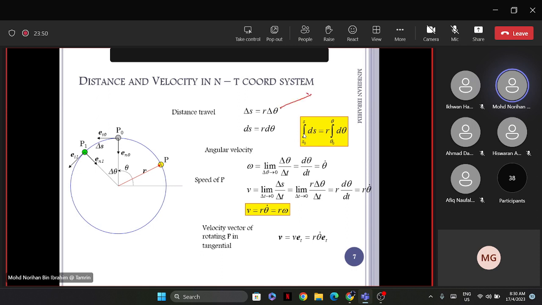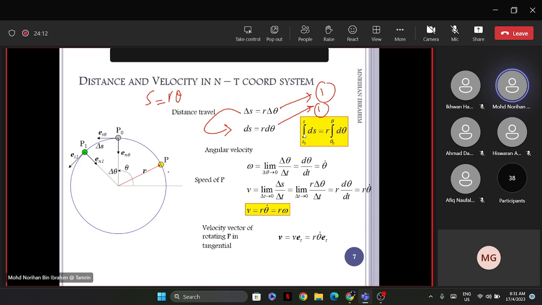The basic equation for this is actually S is equal to R theta. Delta S is equal to R d theta, or we can write it down as ds is equal to R d theta.